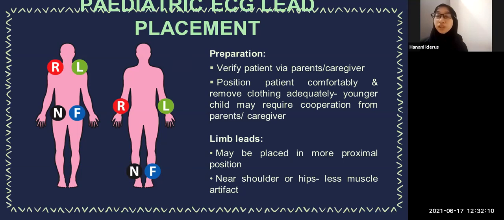The red will be on the right upper limb, yellow on the left upper limb, and for the left lower limb, the green one, and black is black also in our setting. For children, the difference is that we may place them in a more proximal position, near the shoulder or hip, because we want less muscle artifact. Next.